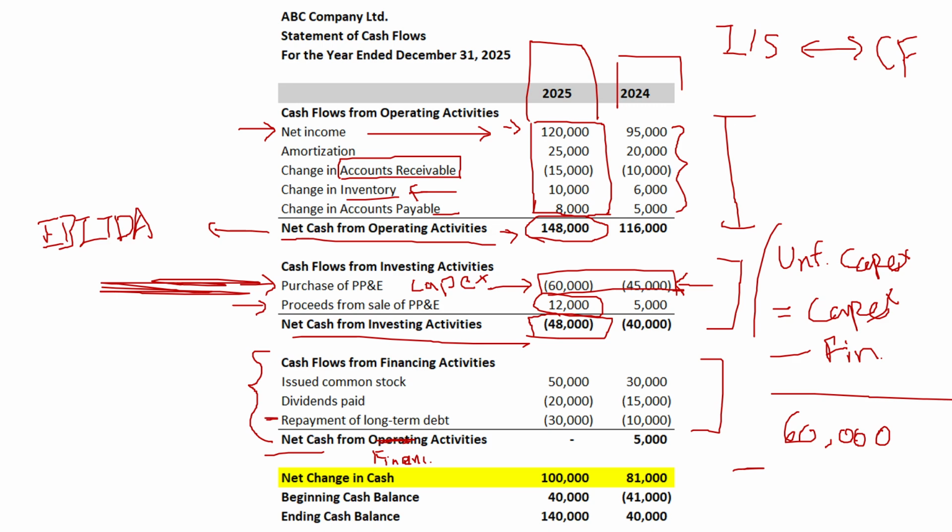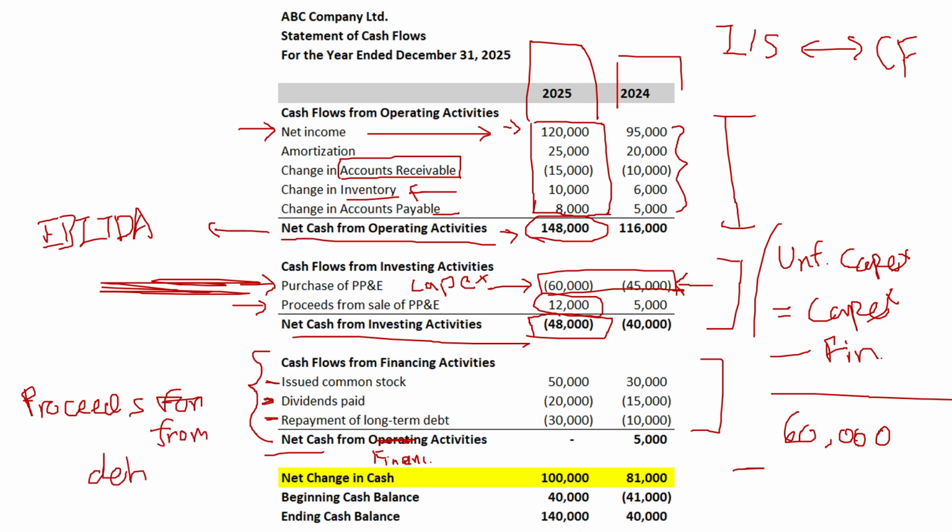Repaying debt is not financing. Issuing dividends is not financing, and then issuing stock is also not financing. What you would actually be looking for is a line item called proceeds from debt. It's not here in this example, but there would be a line item that says proceeds from some kind of debt.